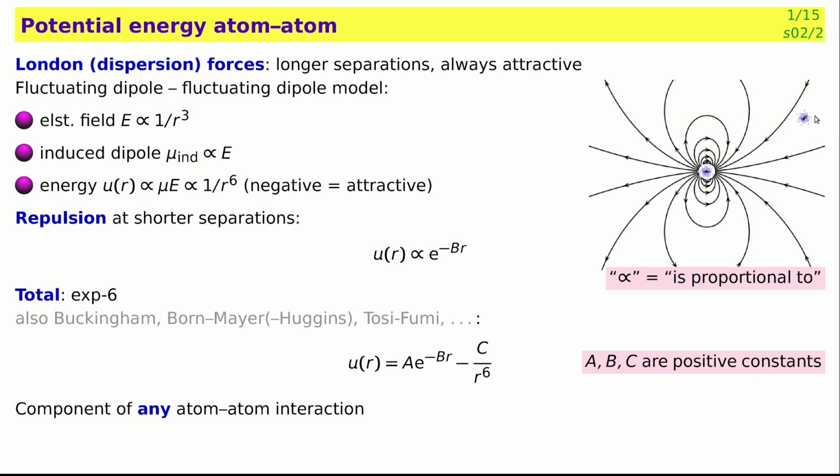This is the induced dipole at this atom. And the energy is proportional to the product of the dipole moment, that is the induced dipole moment now, and the electric field, and it gives the term 1 over the distance to the 6th power. And these forces are attractive.